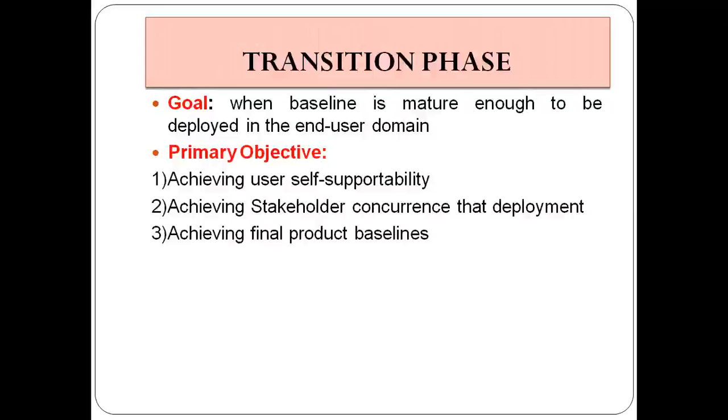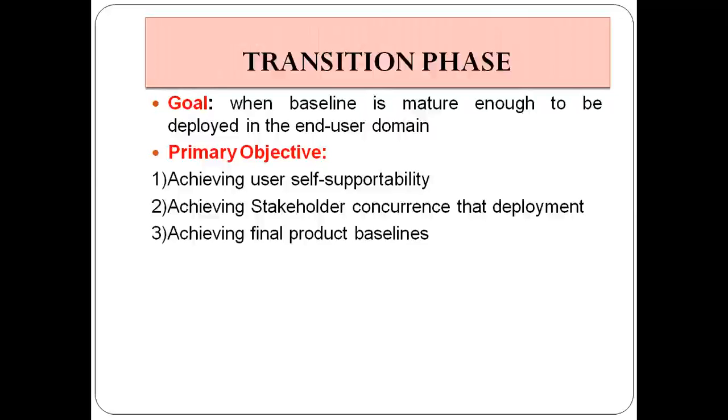And coming to the primary objectives of our transition phase, we have to achieve self-supportability. So we have to help the users in order to self-support their product. Whatever product they want to use, they should get proficient in that one.